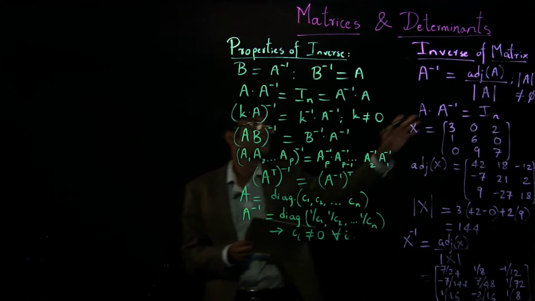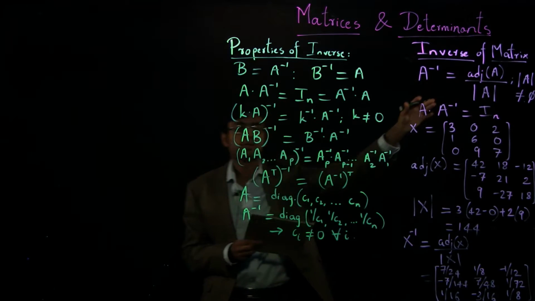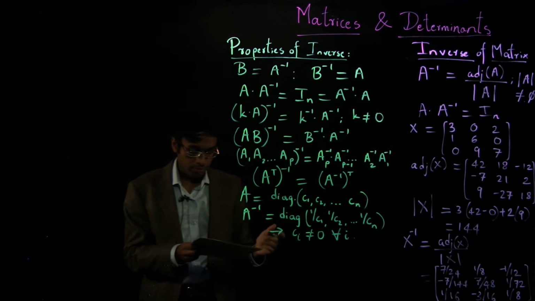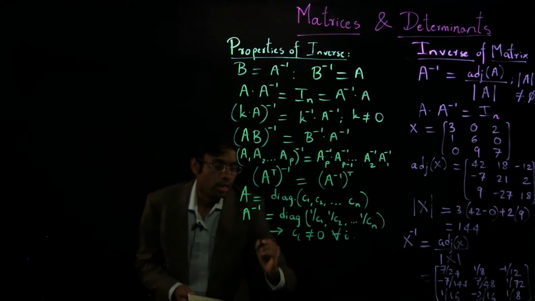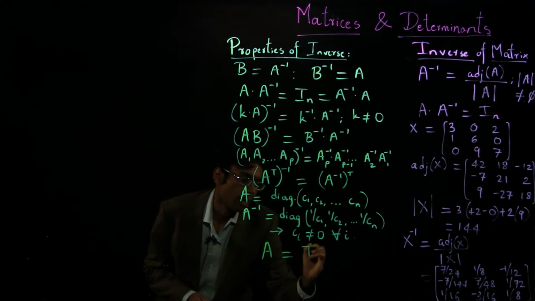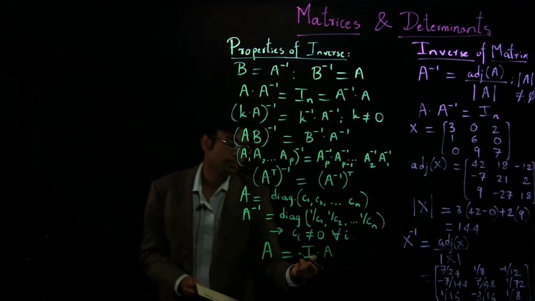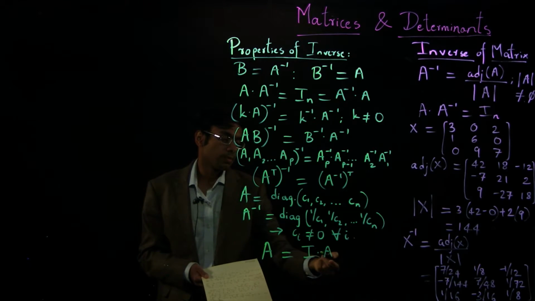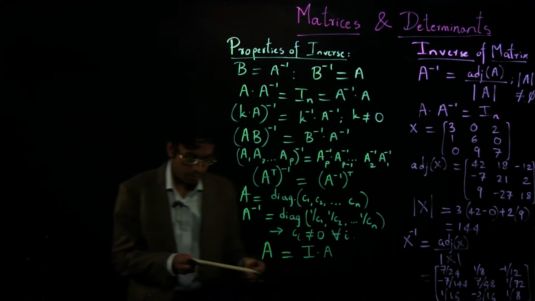So this is one definition of how to calculate the inverse of a matrix, and here's an alternate definition. We can write a matrix A as I times A. I is simply the identity matrix, so pre-multiplying a matrix by it gives the same matrix as the original.